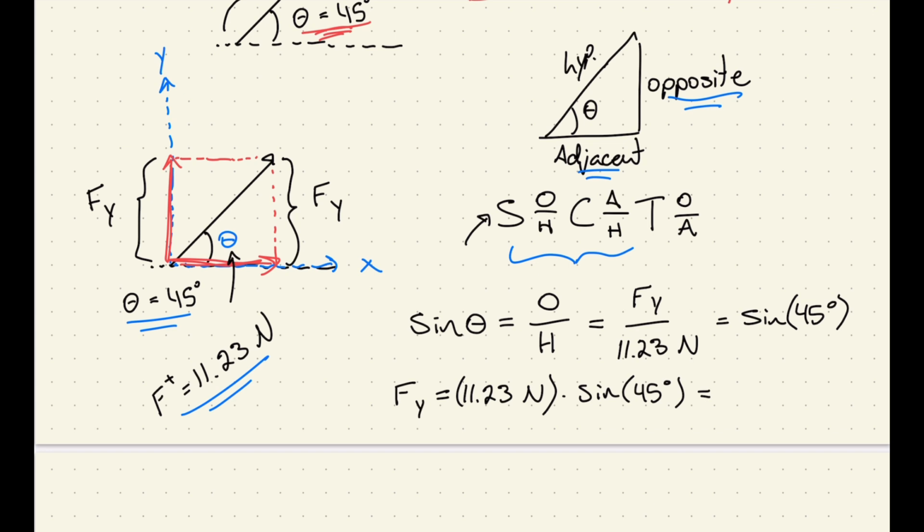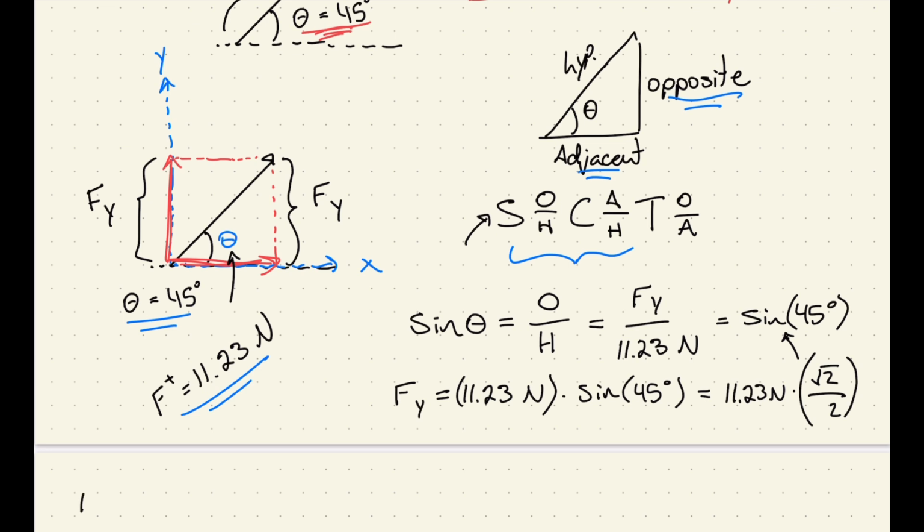I'm going to do degrees. Sine of 45 degrees. Degrees are not the same as radians. So what I get is 11.23 newtons times square root of 2 over 2. This thing is equal to sine of 45.